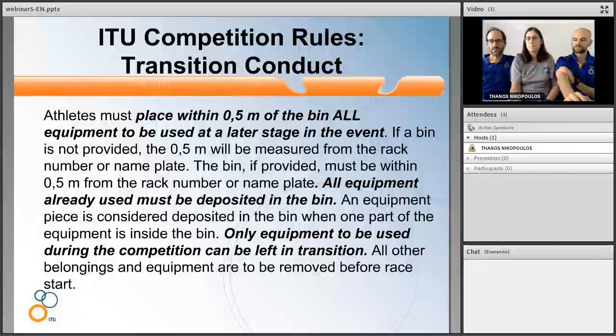If there are dry clothes for after or before the race, they need to be moved out of the transition. One question that I get a lot at races is, if they do have a basket or a bin, does it have to be placed on the right or the left-hand side? It can go on either side as long as each athlete has the appropriate space.